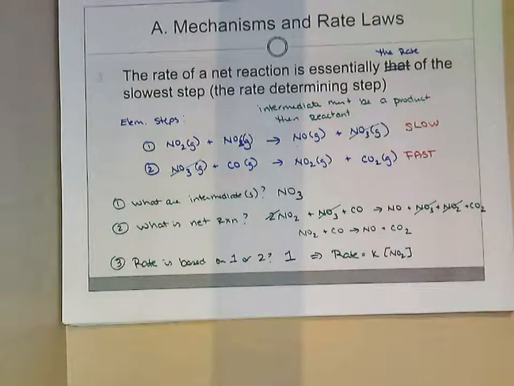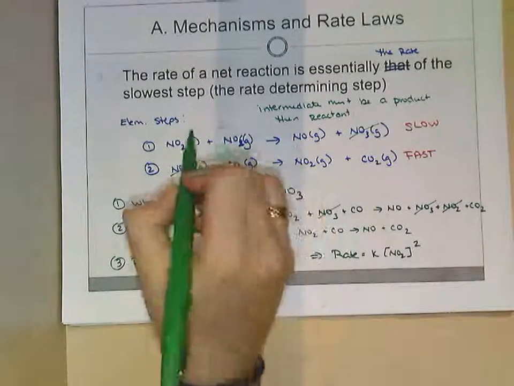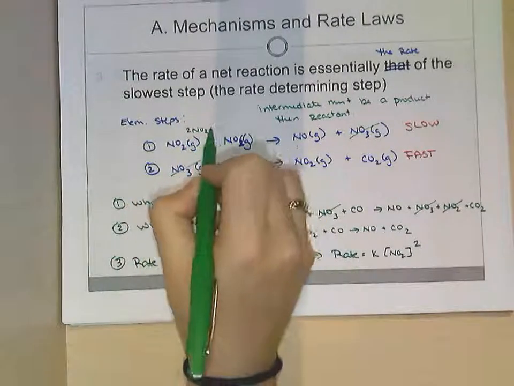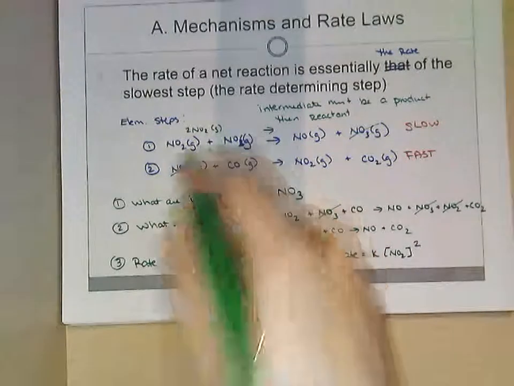Okay, 2. It's the same two things. There's 2 of them. I could have rewritten this as 2NO2. What is the rate law on just equation 1, not the net equation? Correct, not the net equation.